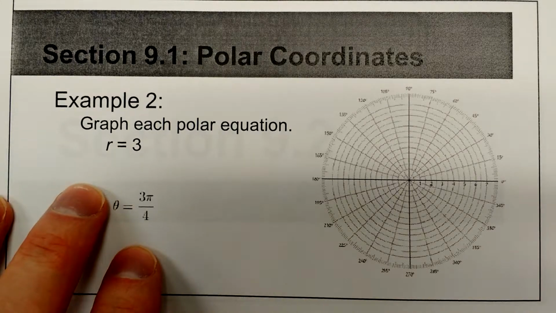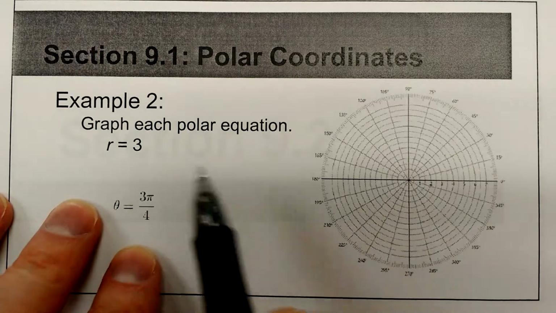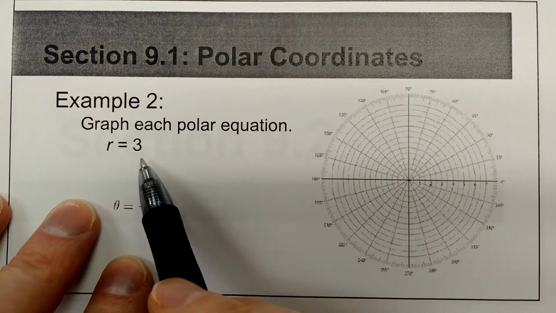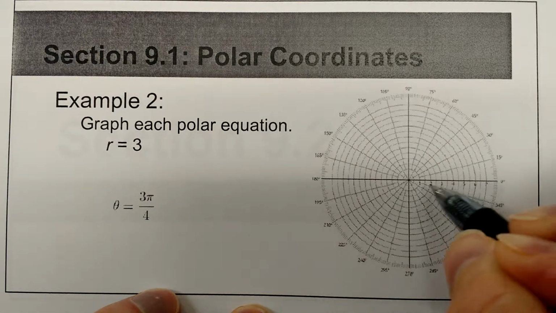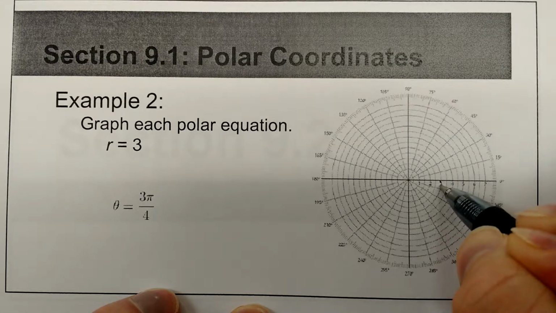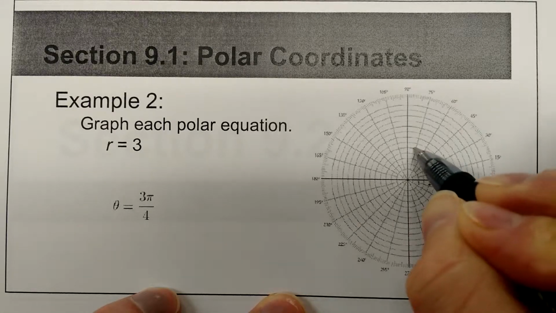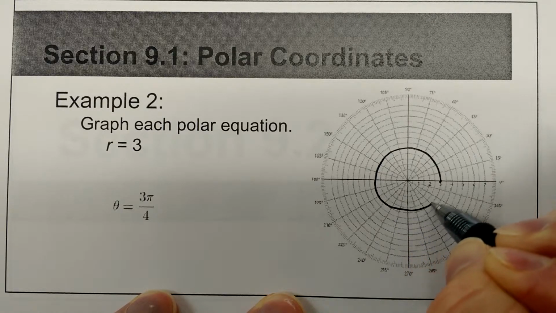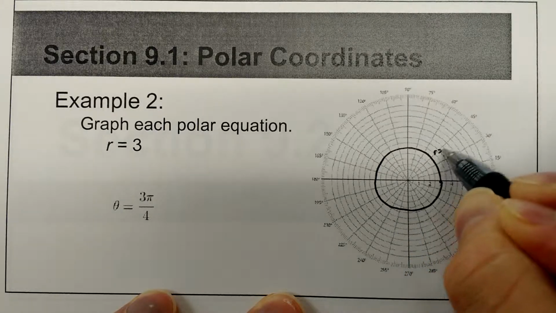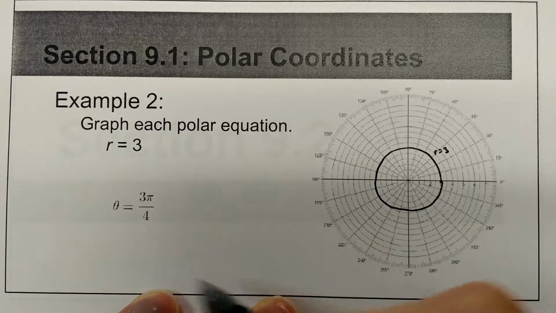R equals equations will always draw circles because all this says is that the radius has to be 3 units. So here's the r, it's labeled as 3. So r equals 3 is that equation. That's r equals 3, the ring.